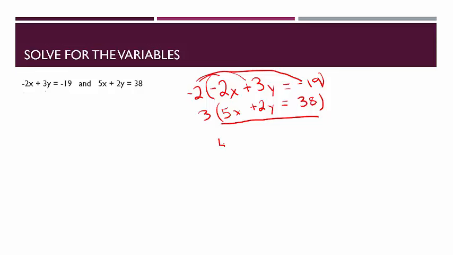So negative 2 times negative 2 is a positive 4x. Negative 2 times 3 is a negative 6y. Negative 2 times negative 19 is positive 38. And for the bottom, I would end up getting 15x plus 6y equals 114.